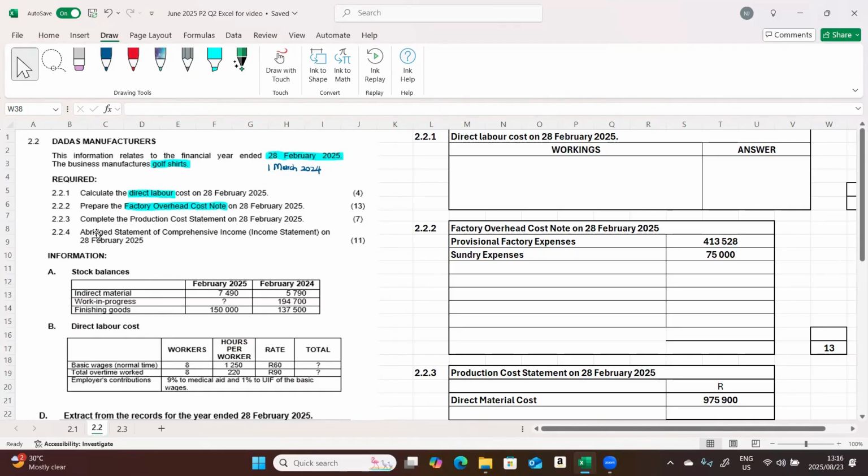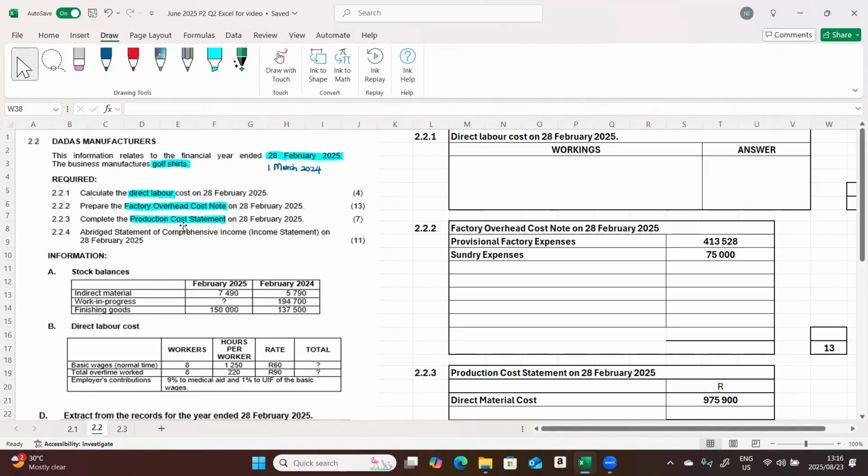Then 2.2.3, complete the production cost statement on 28 February 2025, for 7 marks. We have to understand why we set up the production cost statement.